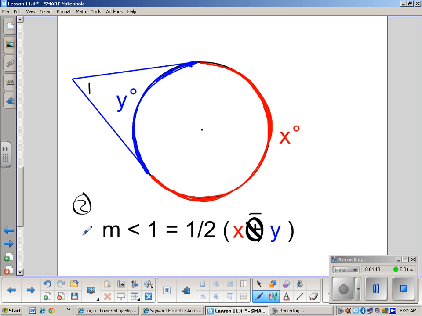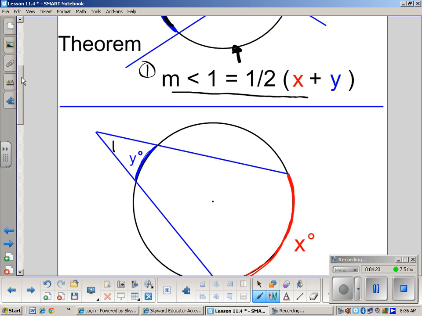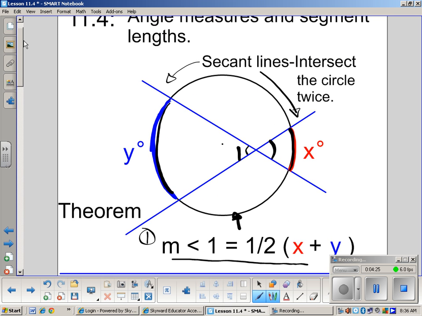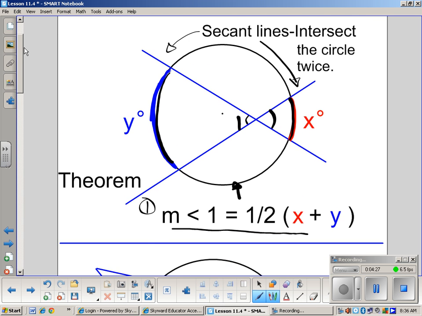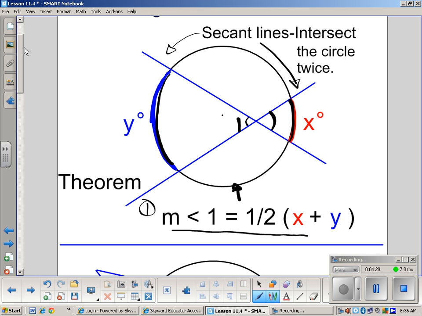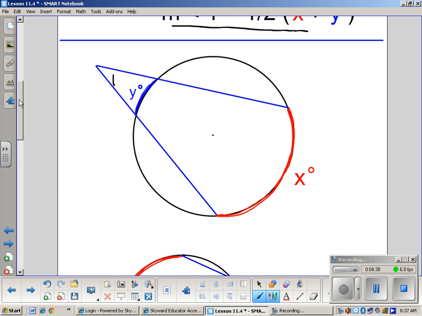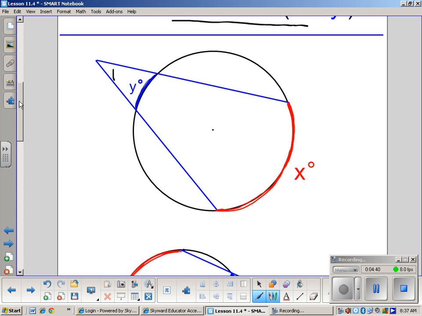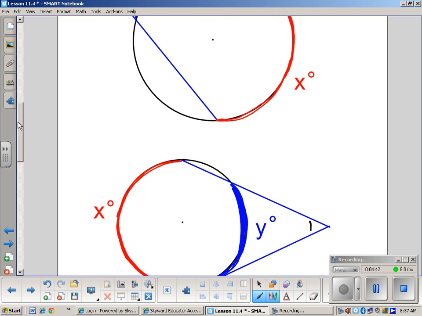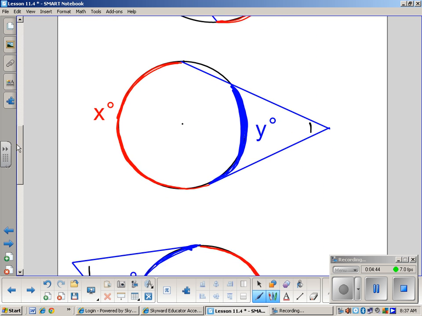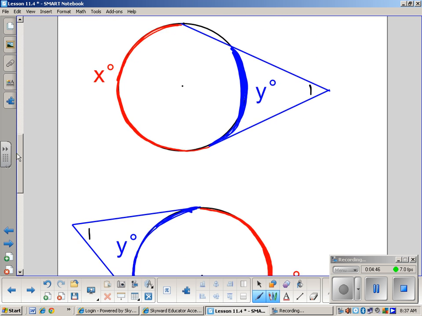Okay? So just to be totally sure you're clear, Theorem 1 only goes with this picture right here, where the secant lines intersect inside the circle. This picture where the secants intersect outside the circle. This picture where a secant and a tangent intersect outside the circle.